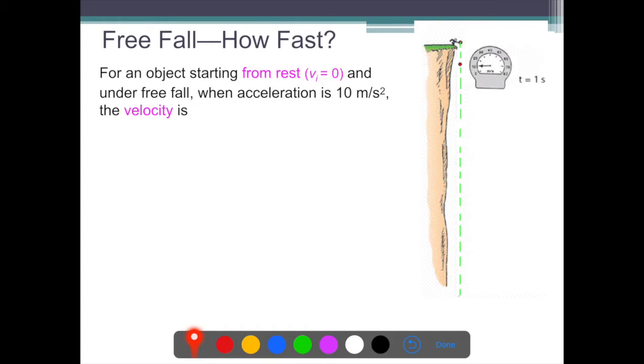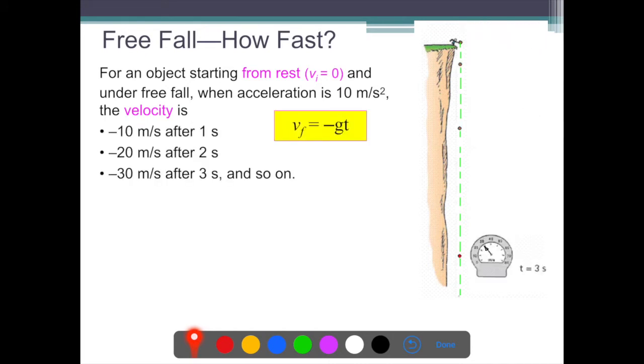All right, the acceleration is 10 meters per second squared. That means that every second, velocity changes by 10 meters per second, which means that after 1 second, the velocity will be 10 meters per second, but the direction is downward, so you have the negative sign there. After 2 seconds, the velocity would have increased by another 10 meters per second.